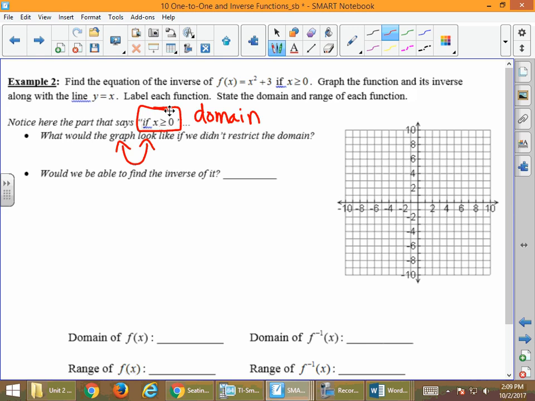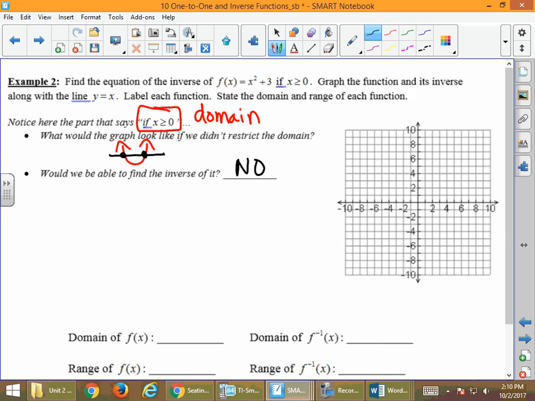And we would not be able to find the inverse of this because this function is not one-to-one. We have a point there and a point there. It fails the horizontal line test. It passes the vertical line test, but it fails the horizontal line test.